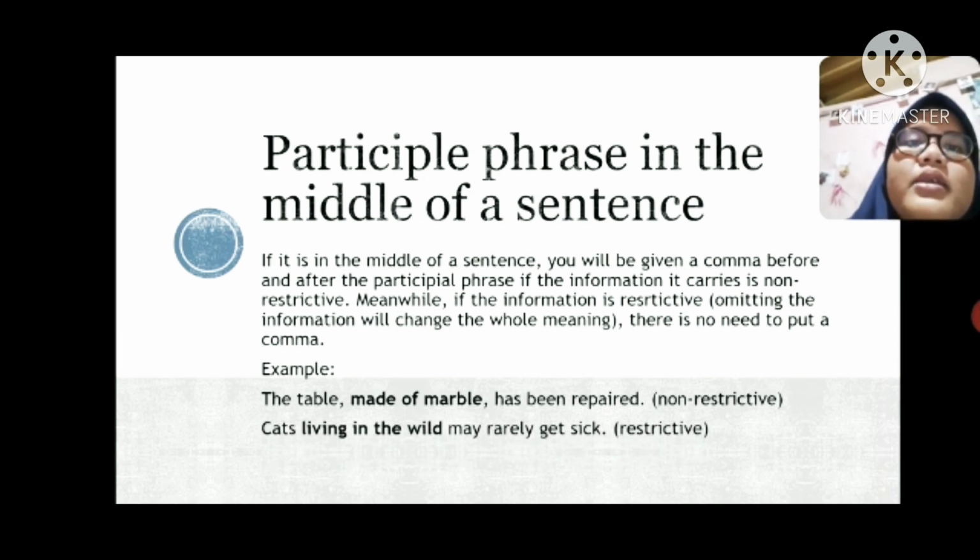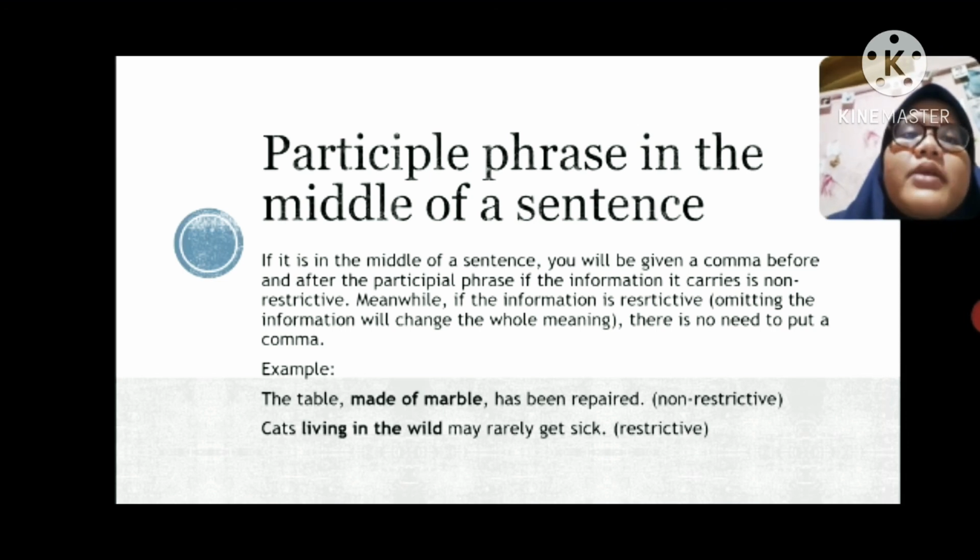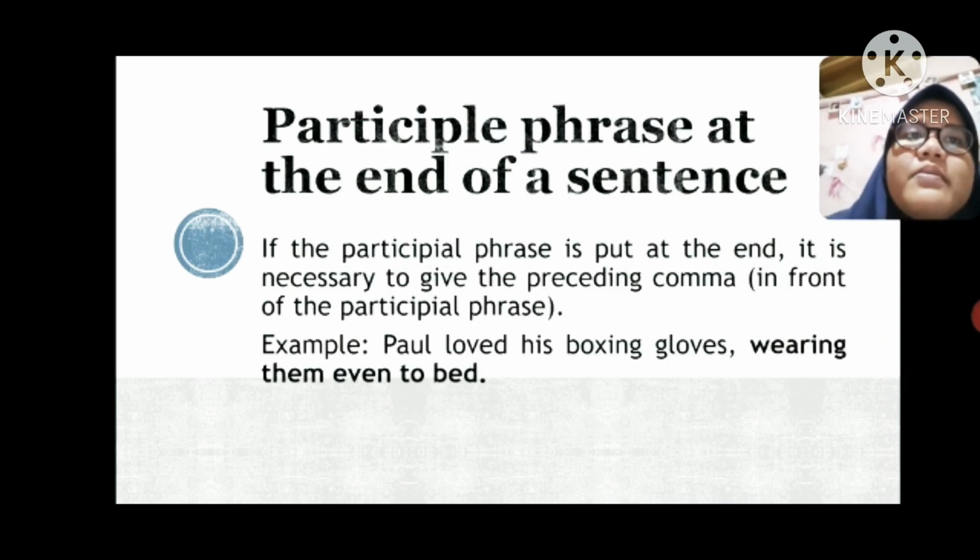Cats living in the wild may easily get sick. The sentence includes restrictive information. Living in the sentence is a participle. Living in the wild in the sentence is a participle phrase. Participle phrase at the end of a sentence.